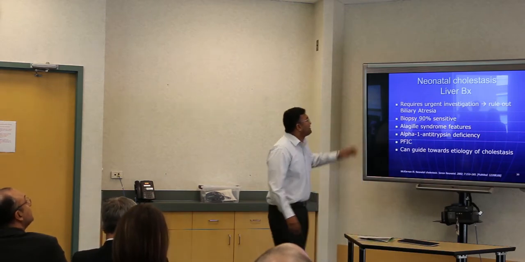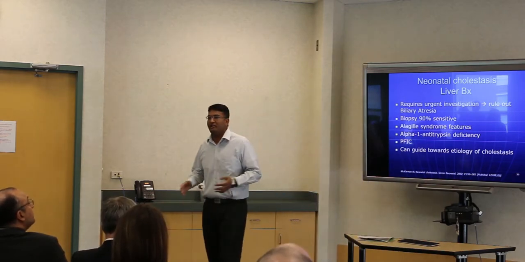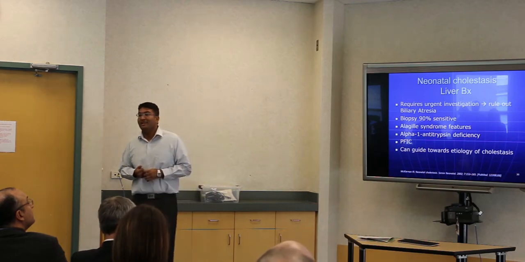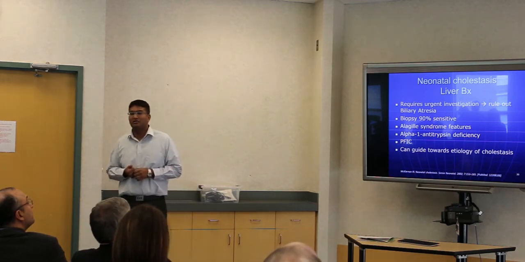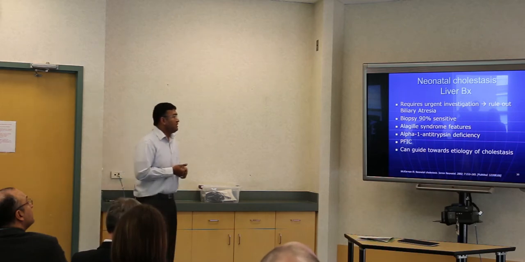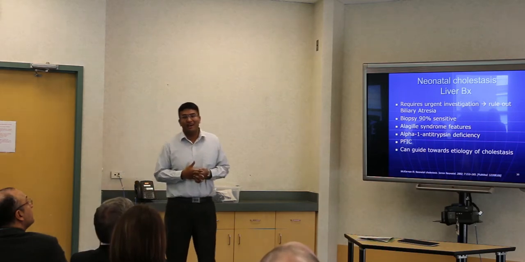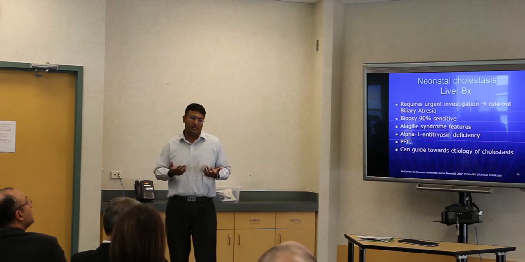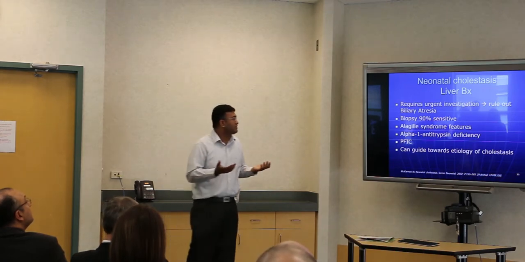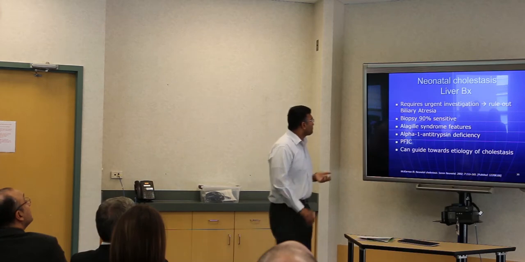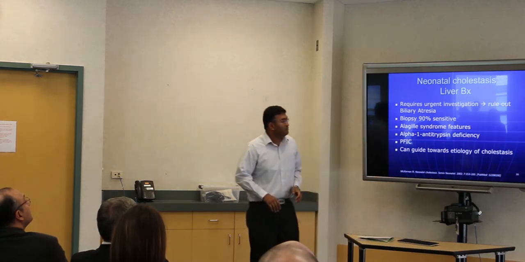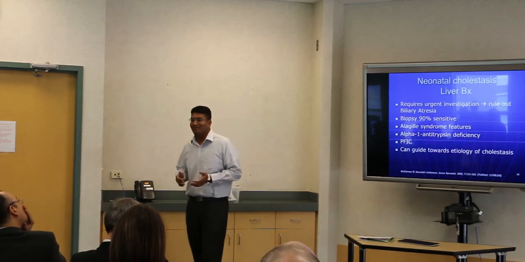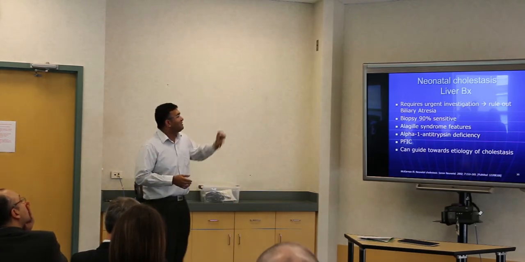As I spoke to you about, we are in a rush to look for biliary atresia. The liver biopsy is 90% sensitive in experienced hands to pick up biliary atresia. Alagille syndrome would classically have other features and genetic JAG1 mutation present, along with other features like pulmonary and cardiac features. Alpha-1 antitrypsin deficiency you don't require a liver biopsy to diagnose; it's more diagnosed on the variants.